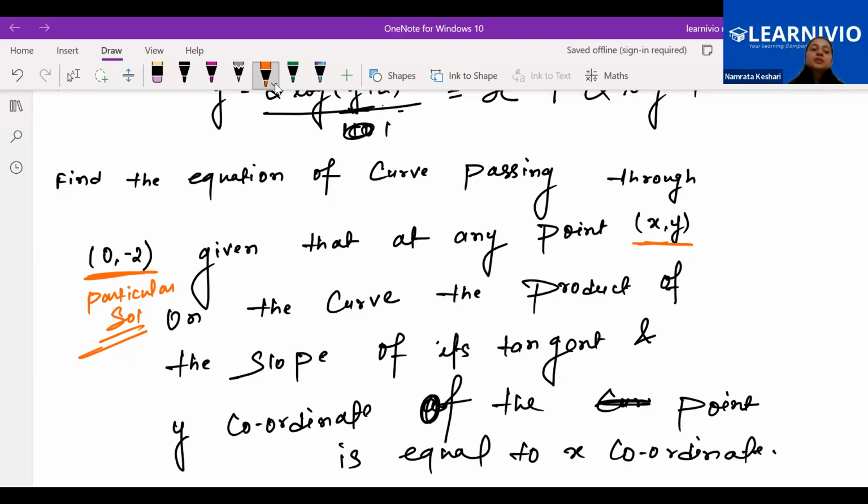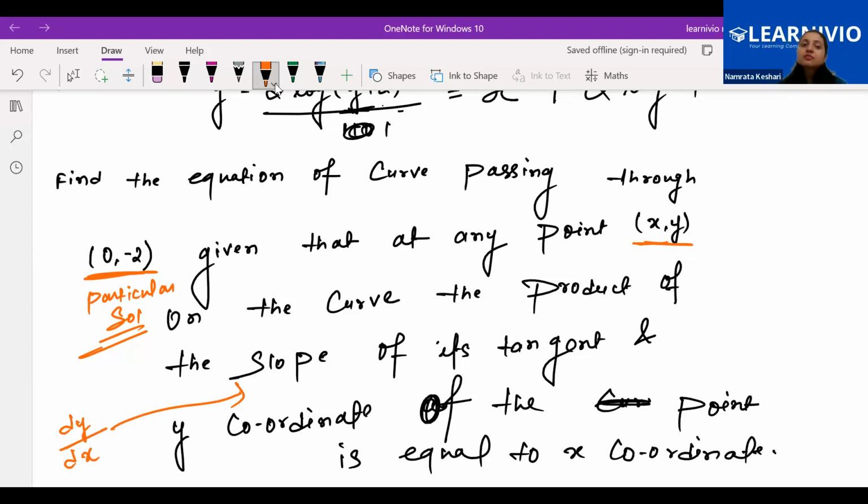Slope of tangent means dy/dx. What does dy/dx represent? It represents the slope of the tangent only. Do you know that, Murtaza? Yes. So in place of slope of tangent, we have to take dy/dx.